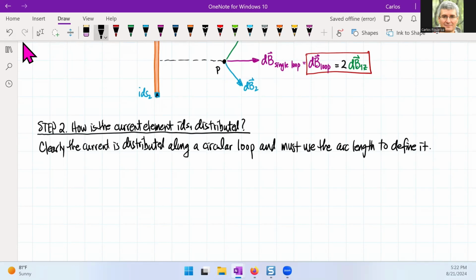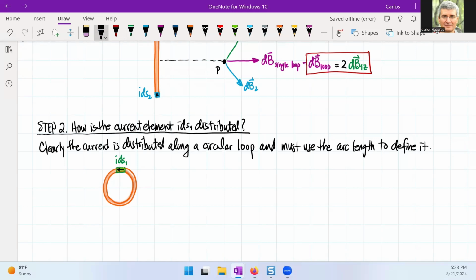So as we said before, if we ignore the vertical wires here, we really have a circular current or a circular current loop. So in this situation, what are we doing? We're picking a little element right here. And we're going to say that it has a direction of current in this direction, which is IDS1.